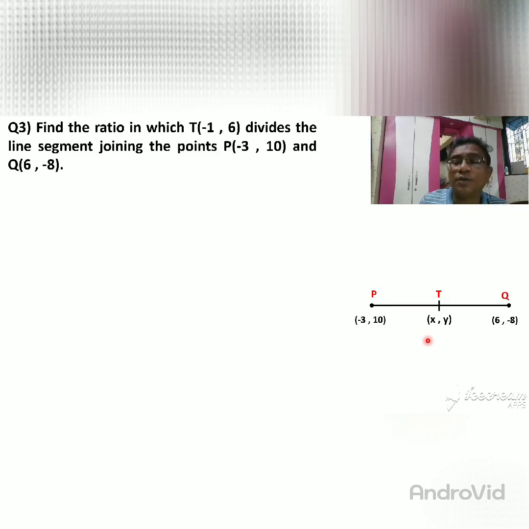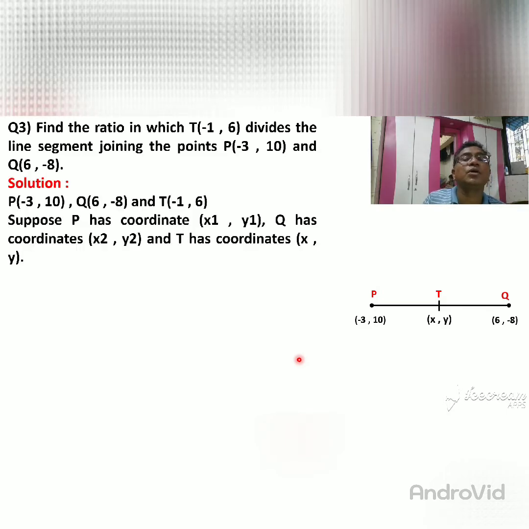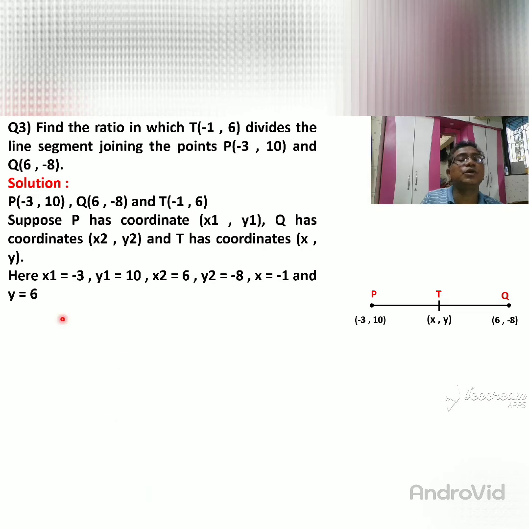So your given is x1 = -3, y1 = 10, x2 = 6, y2 = -8. With the help of that given information, we can write x1 is equal to -3, y1 is equal to 10, x2 is equal to 6, and y2 is equal to -8.